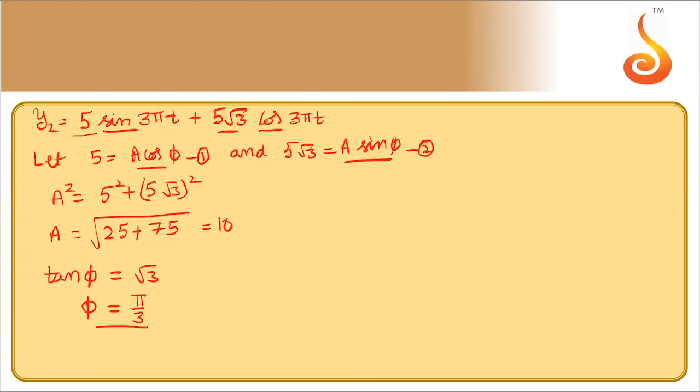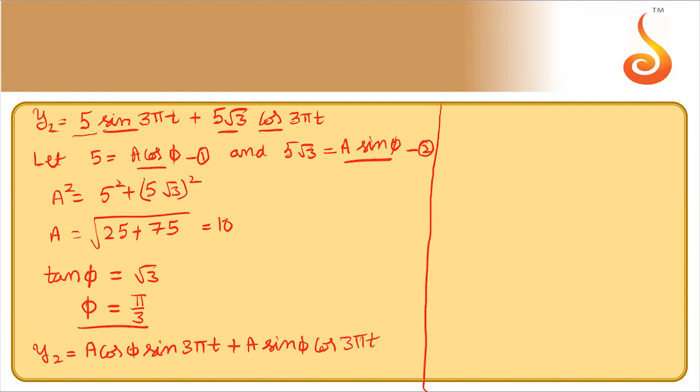Now substitute for phi and a in the first equation. What do you get? y2 equals a cos phi sin 3 pi t plus a sin phi cos 3 pi t. Correct? Now substitute for a and phi.